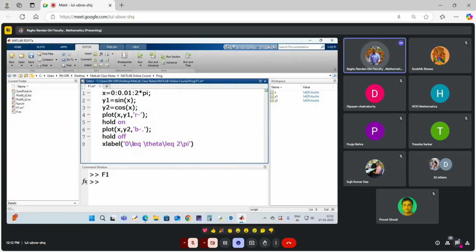Just like what we write in LaTeX, this command is also applicable in MATLAB.